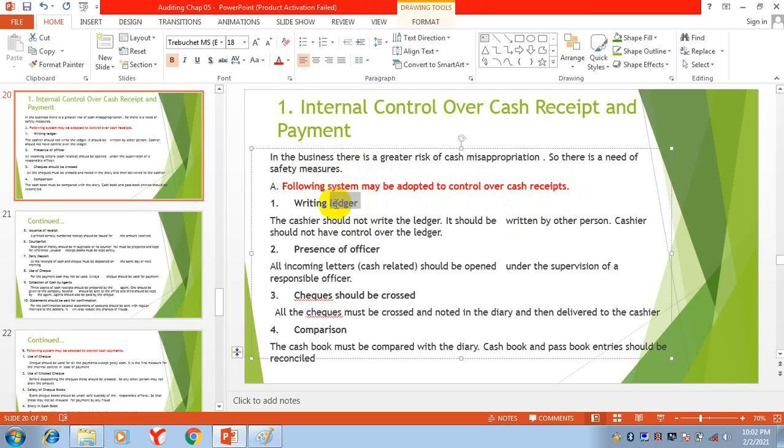All the ledgers will be in writing, and the cashier will not make the ledger. For ledger making, there will be a separate person. Cashier will just receive the cash or just pay the cash. Presence of officer: there should be an officer who will be responsible for the receipts of cash. All the letters and all the cash will be opened in his supervision.